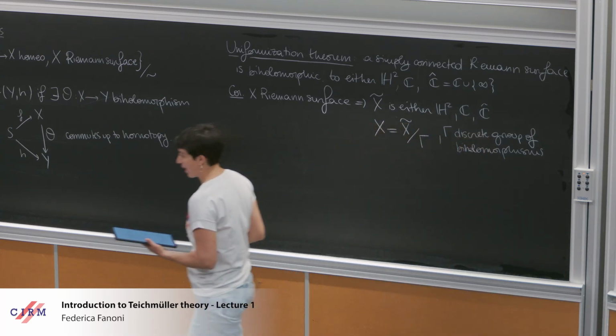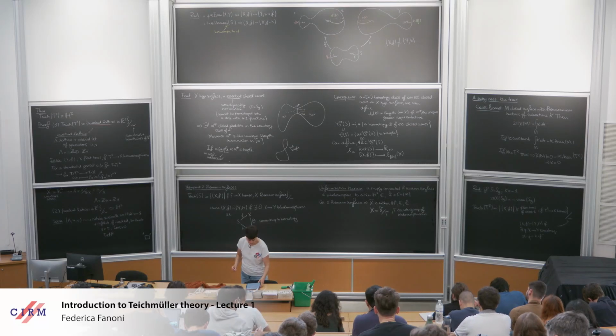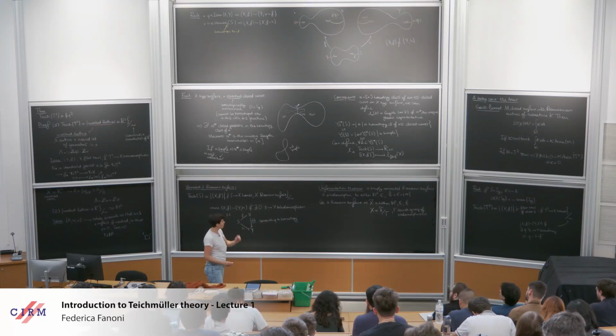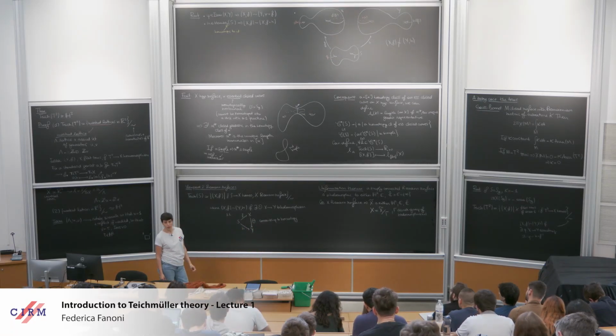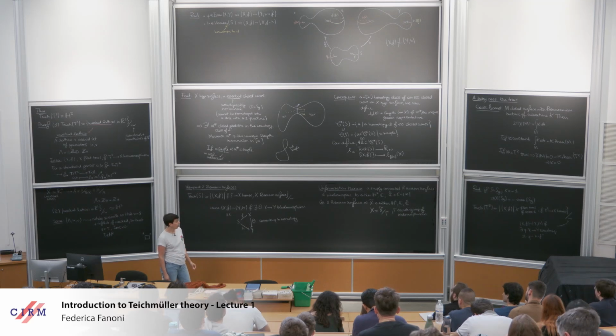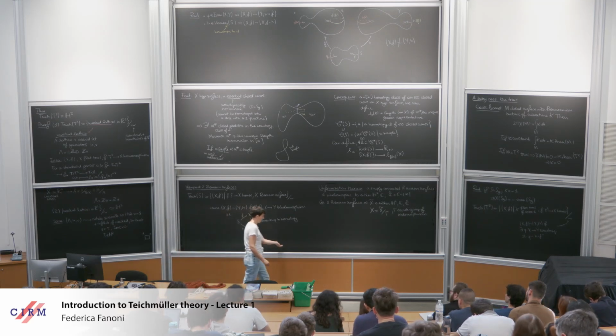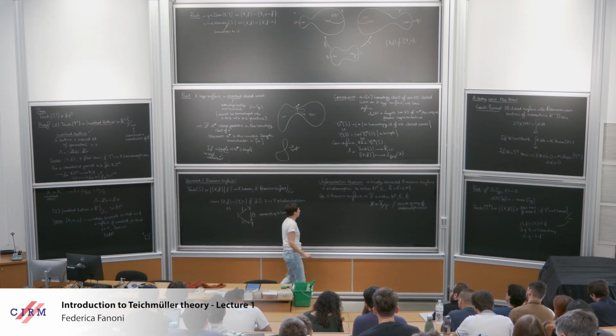And now the fact that we need is that if the genus is at least 2, this universal cover is actually going to be the hyperbolic plane, and the biholomorphisms preserve the hyperbolic metric.